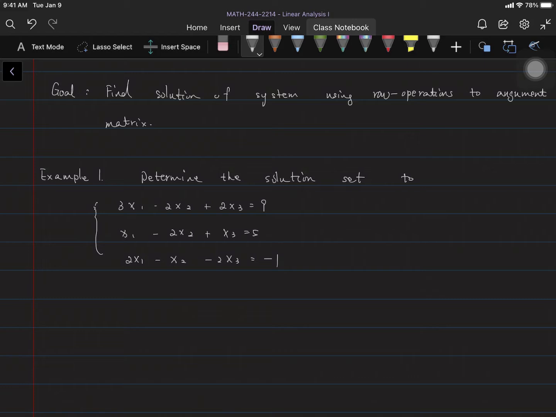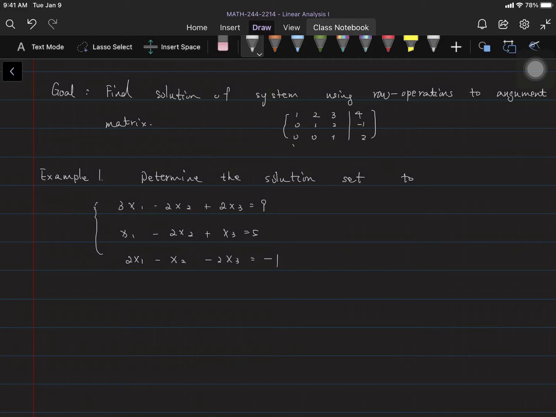Okay, for example, if we have an augmented matrix like 1, 2, 3, 4, and 0, 0, 1, 2, and here, for example, 0, 1, 2, 1. This is an augmented matrix.